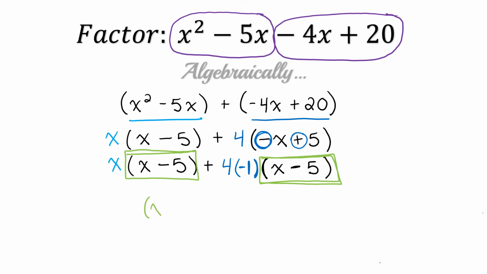So we have the quantity x minus 5 times x times the quantity x minus 5 divided by the quantity x minus 5 leaves us with just x, plus 4 times negative 1 times the quantity x minus 5 divided by the quantity x minus 5 leaves us with just that 4 times negative 1.